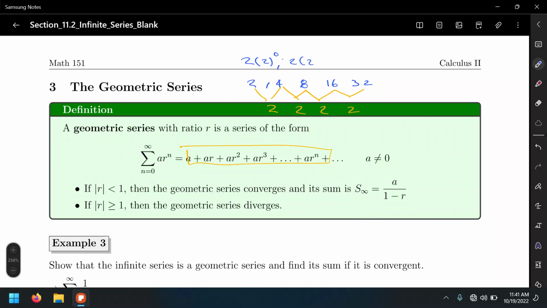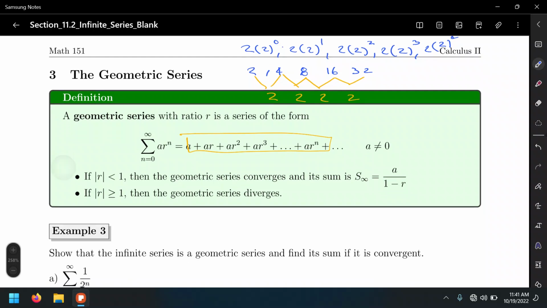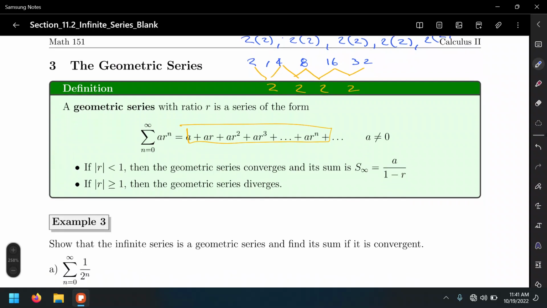That's 2 times 2 to the first power, 2 times 2 to the second power, 2 times 2 to the third power, 2 times 2 to the fourth power, and this is the form a r to the n power, where that value of r is always the same, that value of a is also always the same, but what changes is the power of r. Alright? So that's how we distinguish a geometric series.